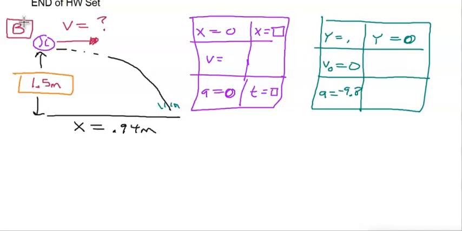What I want you to think about is this person is a little bit taller than the last person, so it's going to take a little bit longer to get to the ground. Since it's going to spend more time in the air to get to the same distance, which is what we wanted, he, she, or they will not need to bunt it with as much speed. So let's see if that happens.